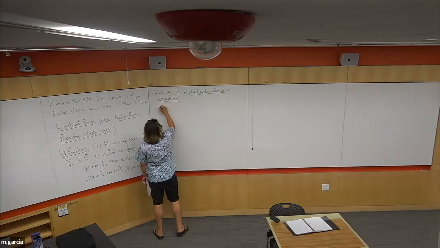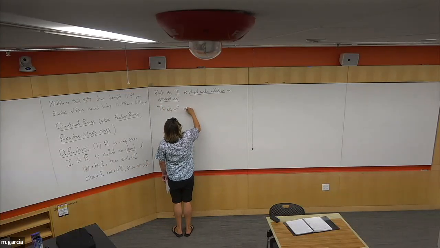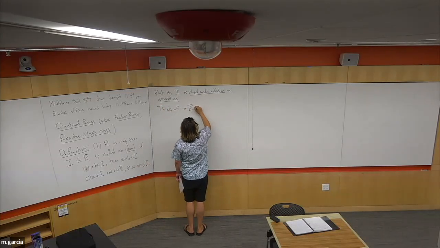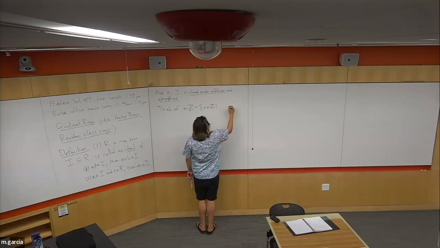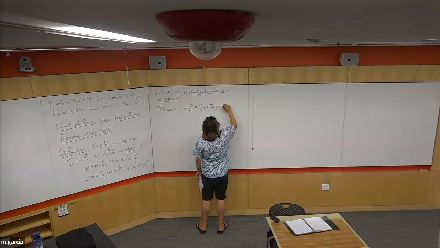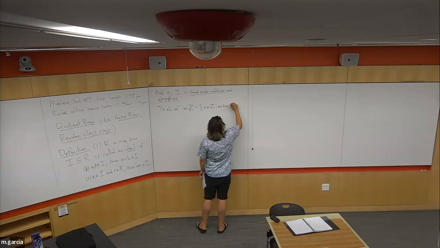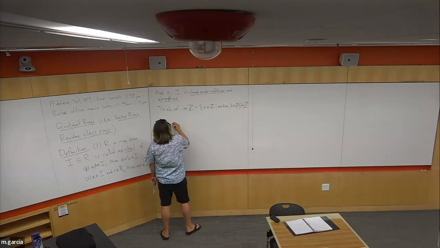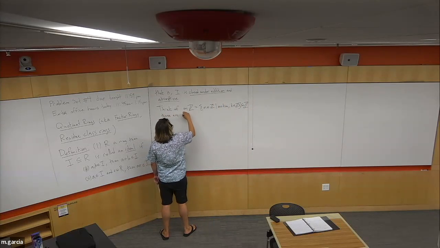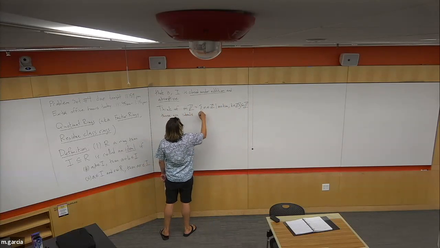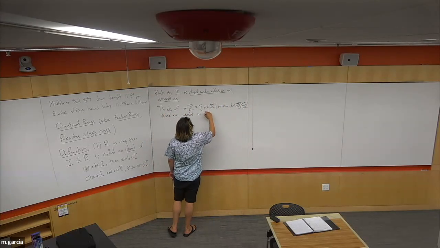So think of mZ, integers such that they are a multiple of m, a subset of Z. These are ideals in the integers.